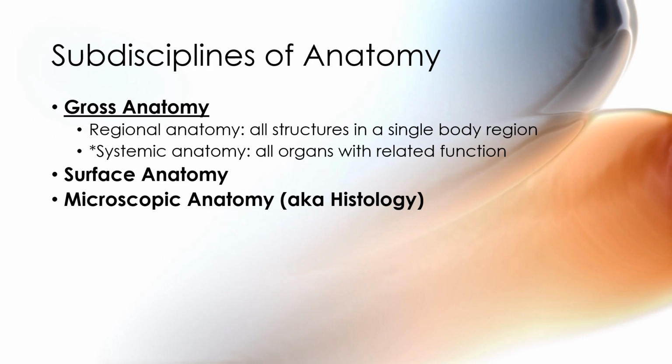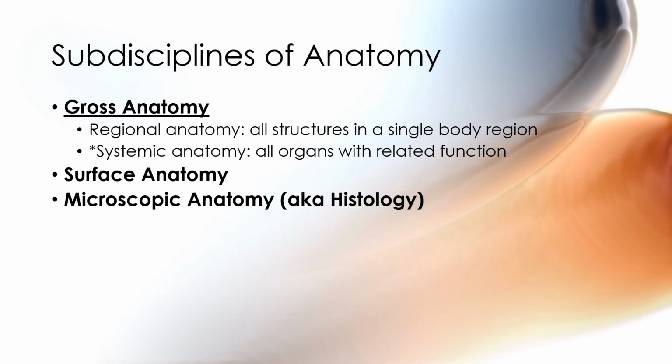Surface anatomy is really important for the medical field and maybe physical therapy. It's where you can see the deeper structures on the surface. So where you can see the vein, right, to draw blood, where you can see that muscle or that joint. So it's all about the surface structures of the body.